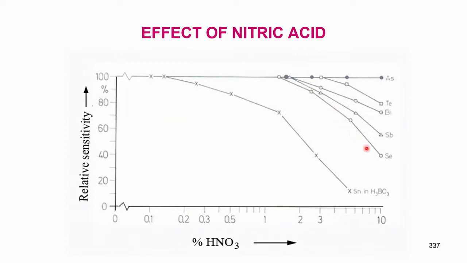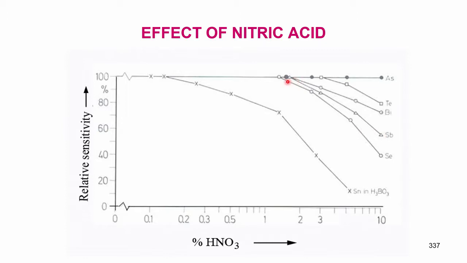Increase the acid, again there will be a problem. This is all part of my own research which I conducted earlier on atomic absorption, so this data is fresh from my stock rather than from a textbook.